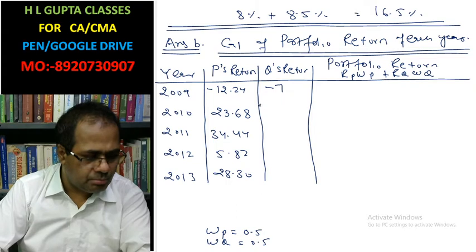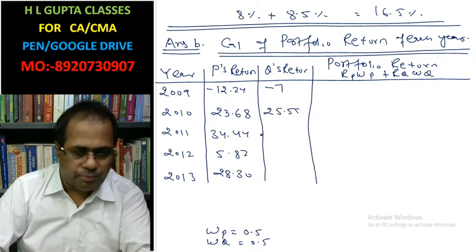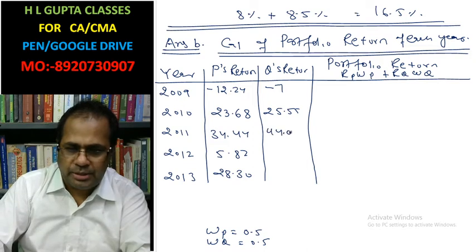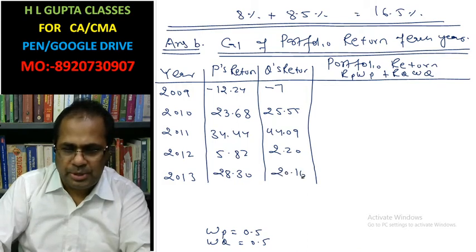Q returns: minus 7, 25.55, 44.09, 2.20, 20.16.